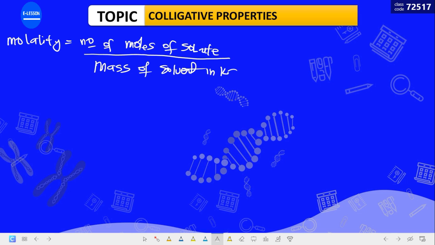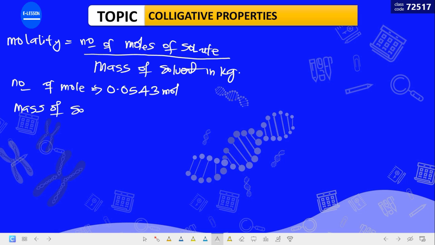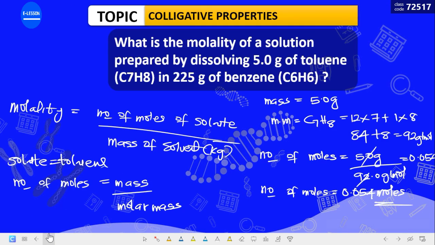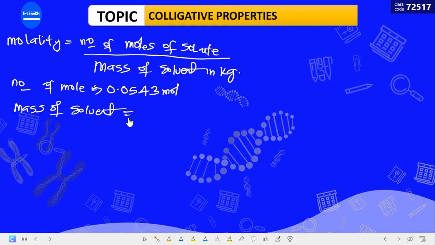in kilogram. Now the number of moles of solute, we calculated it to be what? 0.0543 mole, and the mass of solvent is given as 225 gram, which is that of benzene, right?